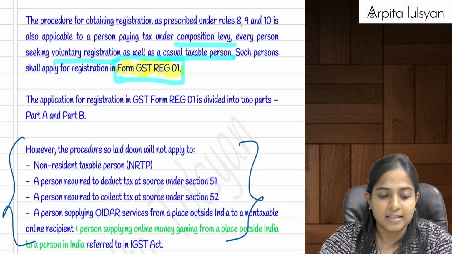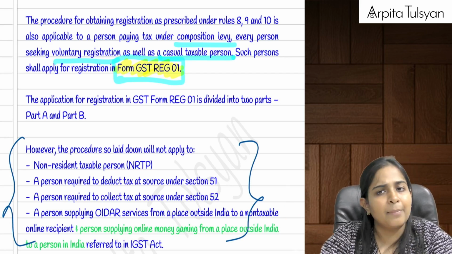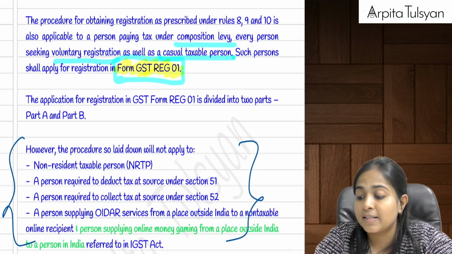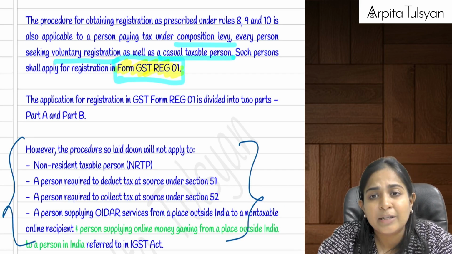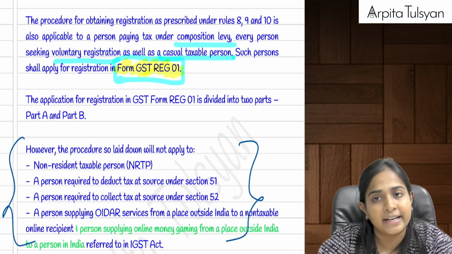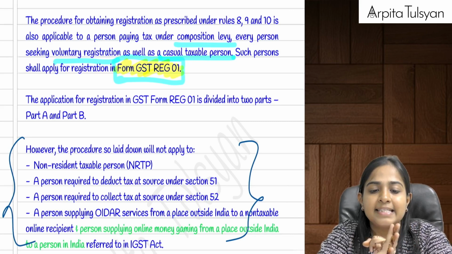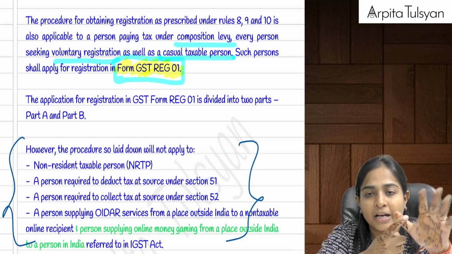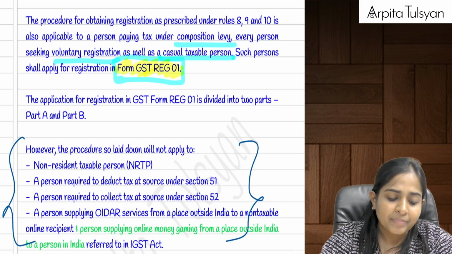This form GST REG01 is applicable to all normal persons, plus it is applicable for composition persons also, plus CTP also, plus voluntary registration also. But for NRTP, TDS, TCS, OIDAR, online gaming, they have provided separate methods of doing the registration.